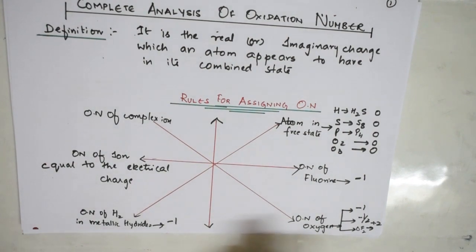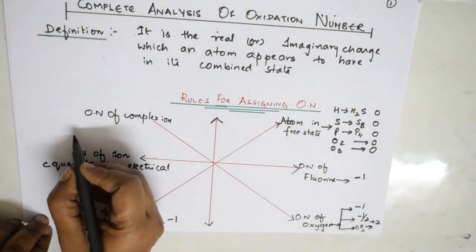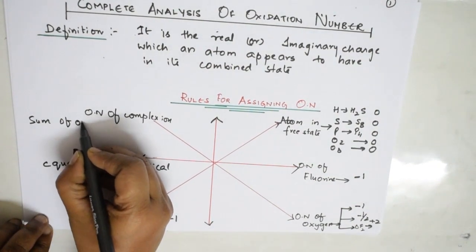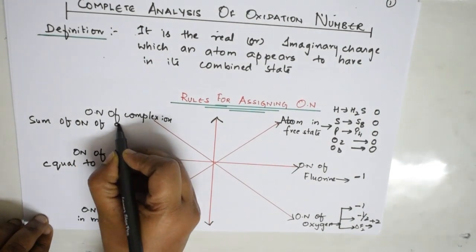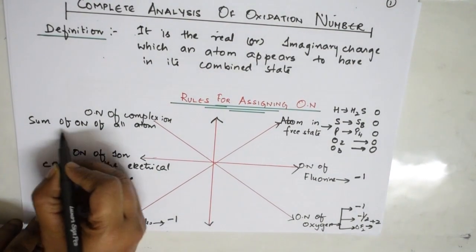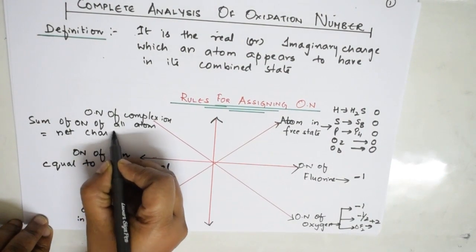I'll show you those examples now, right? So in a complex ion, always remember, the sum of oxidation numbers of all atoms is equal to the net charge on the ion.